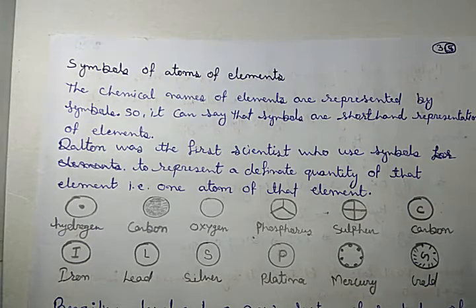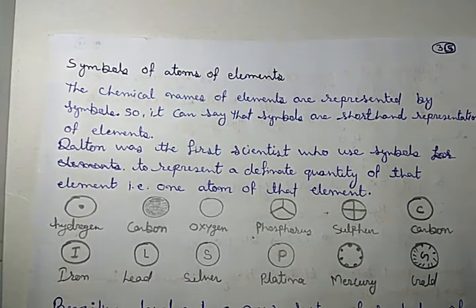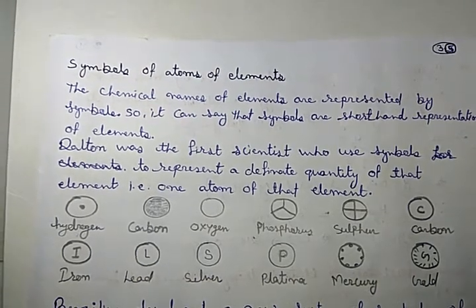So we can say that symbols are the shorthand representation of elements. Okay. Now, what are the symbols of an atom or element, or how can we decide that?